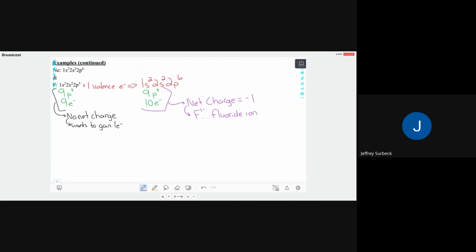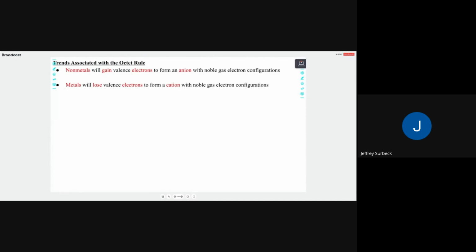Our trends can be directly looked at on the periodic table, and we can associate valence electrons with the octet rule and with the charge that each element, each atom in that group, family, up and down column, is going to have with our periodic table.